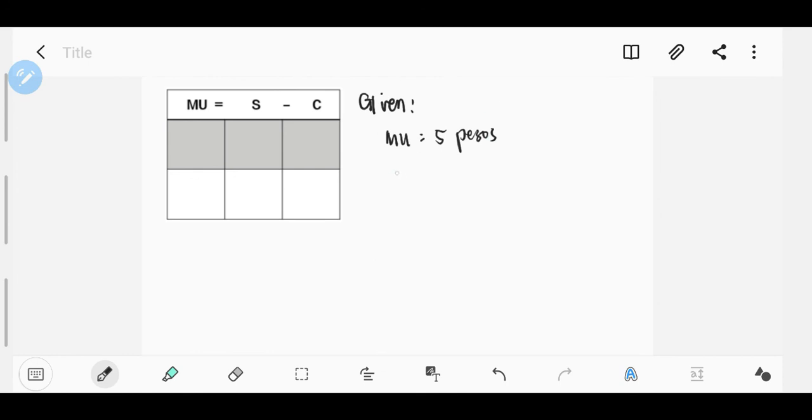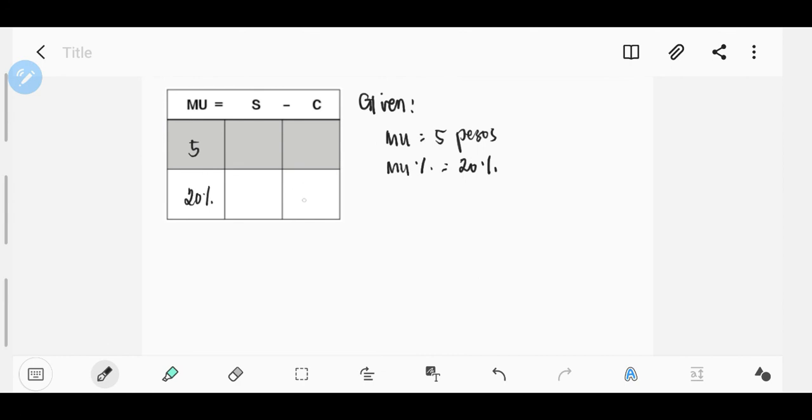And then, markup rate of 20%. Okay. So, wala nang ibang given. Ilagay natin sa table.